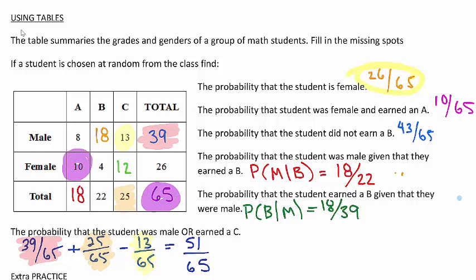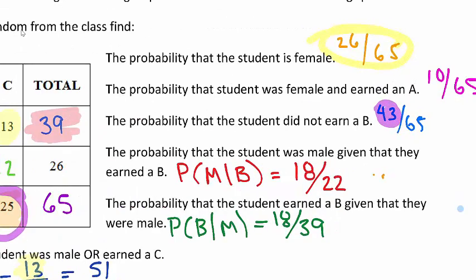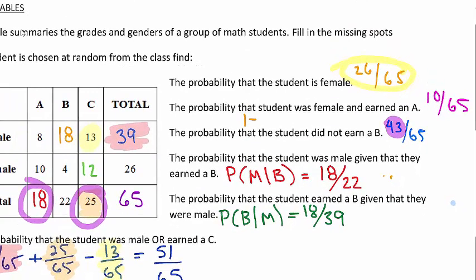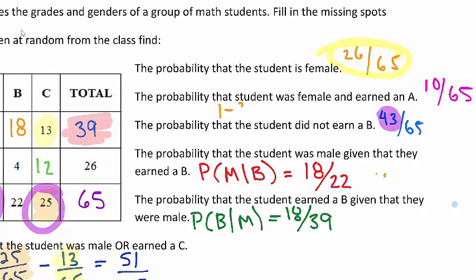The probability that a student did not earn a B. Well, we have 18 A's and 25 C's, that's 43. Or, did not earn a B is 1 minus the probability of a B, which would be 22 out of 65, which would still give you 43 out of 65.